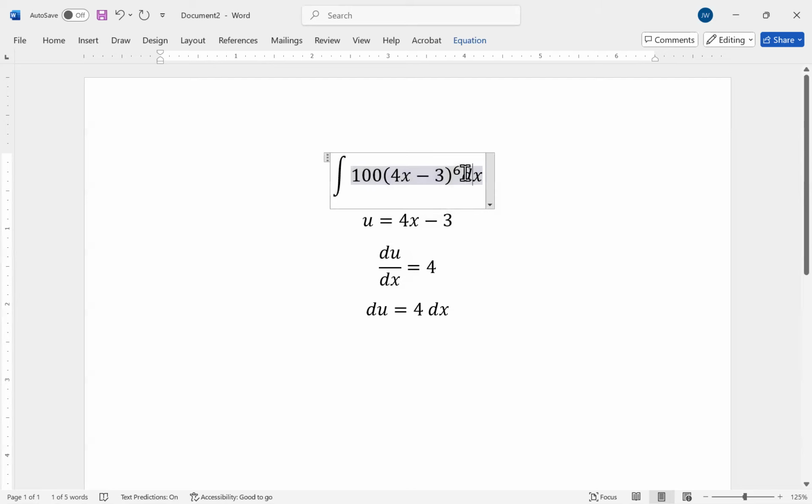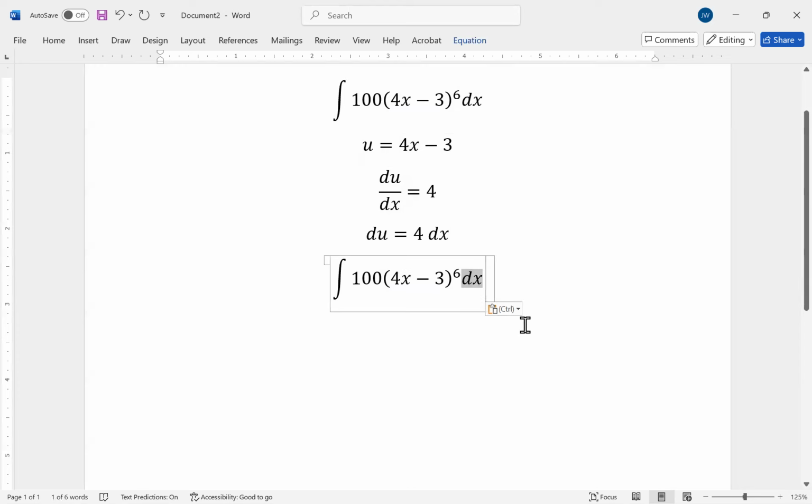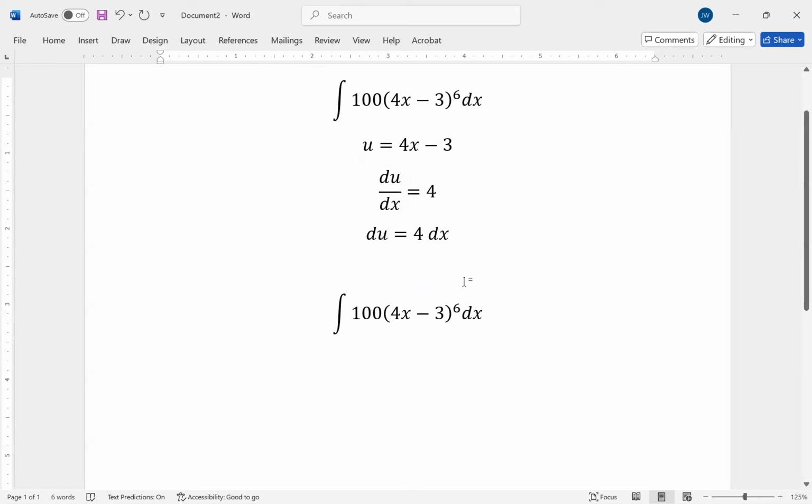Now, here's the dx tacked on to the end. And there's one of two options that I can do. Knowing this equation and seeing that we have a 100 out front, what I can do is break that 100 into 25 times 4.